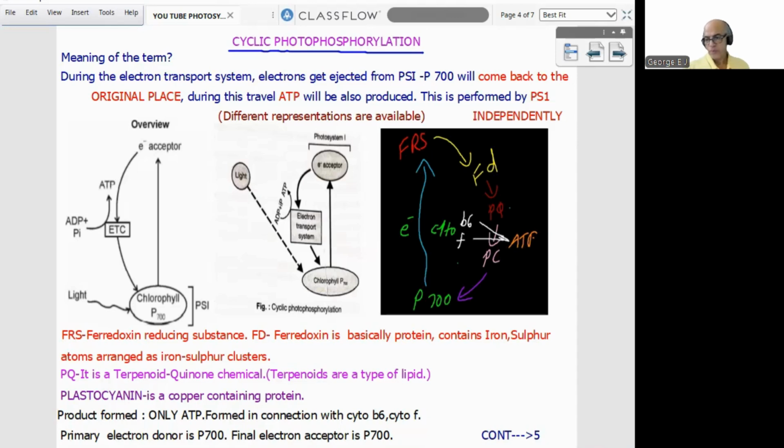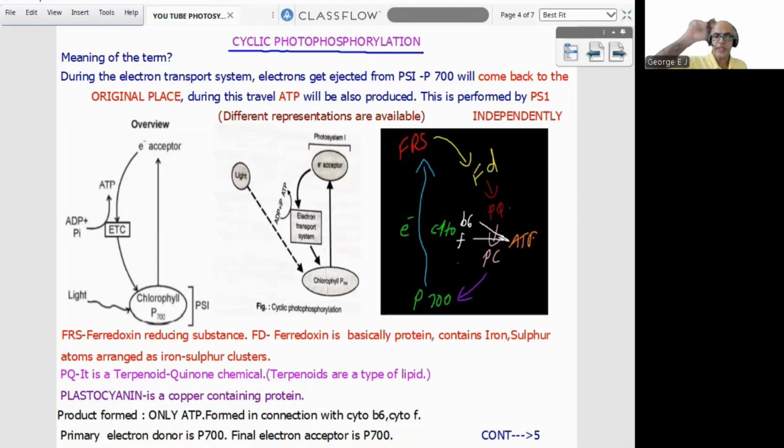Diagrams you can find. First diagram, one edition of NCERT, second diagram, another edition, but from those diagrams it is not clear. But these two can be labeling questions and even theory they can ask. In a slightly different way, I drew a diagram starting with P700. It absorbs energy, the electron gets excited, received by ferredoxin reducing substance FRS, then to ferredoxin, then transferred to plastoquinone, then to plastocyanin, again coming back to the place from where it was ejected, P700.